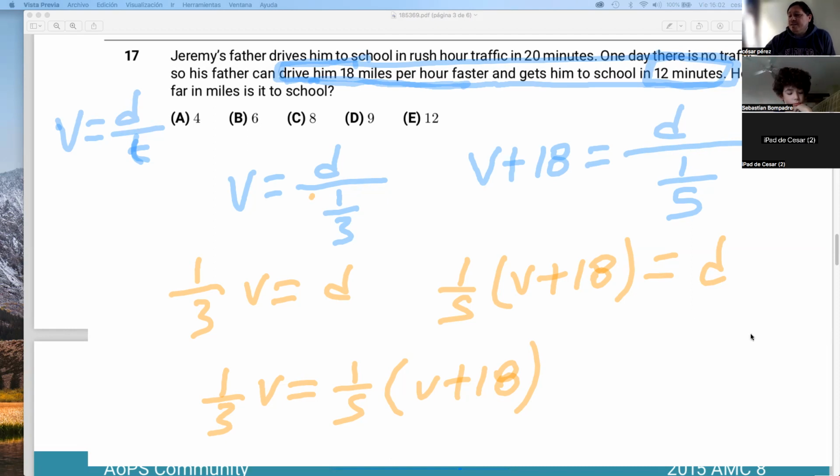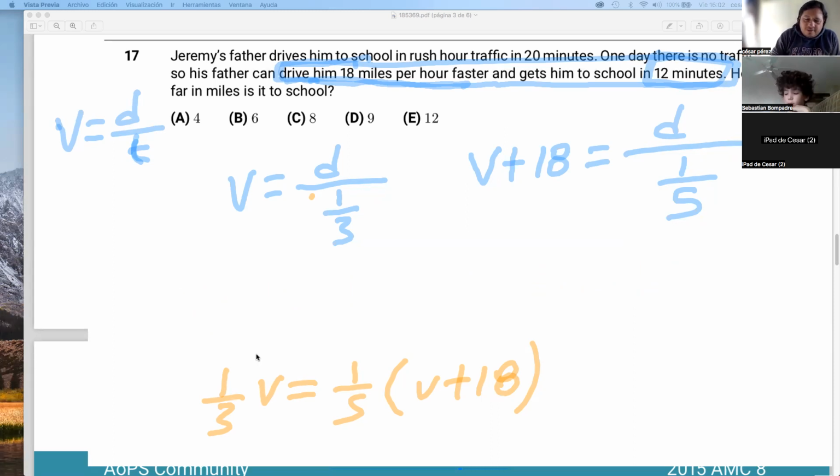Okay, do you know how to solve this? We need to practice more fractions in algebra. Well, we will multiply. Vamos a multiplicar. Entonces, this is 1/3 of V equals, I need to multiply 1/5 by any number that is here.